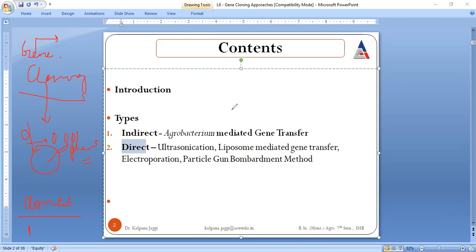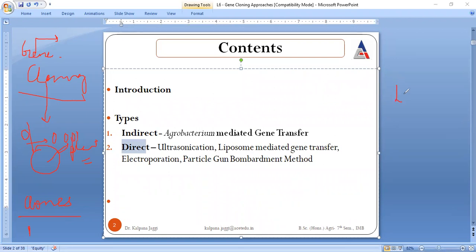So what is the purpose of gene cloning approaches? Once we go for the gene cloning approaches, at the end of the gene cloning approaches, we can multiply one gene in more number, and then we can often look for improving certain characteristics.